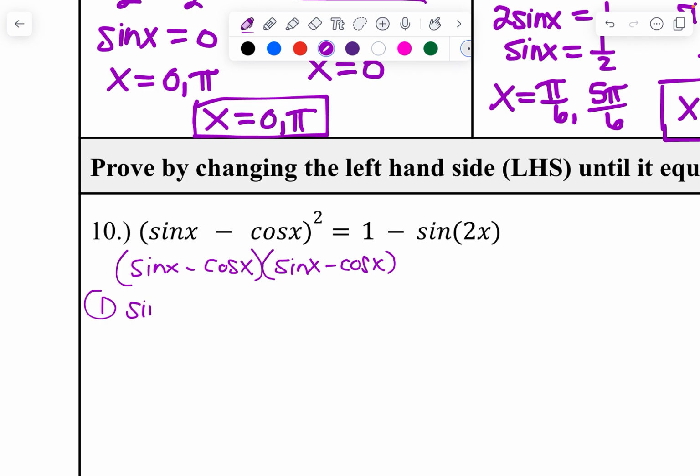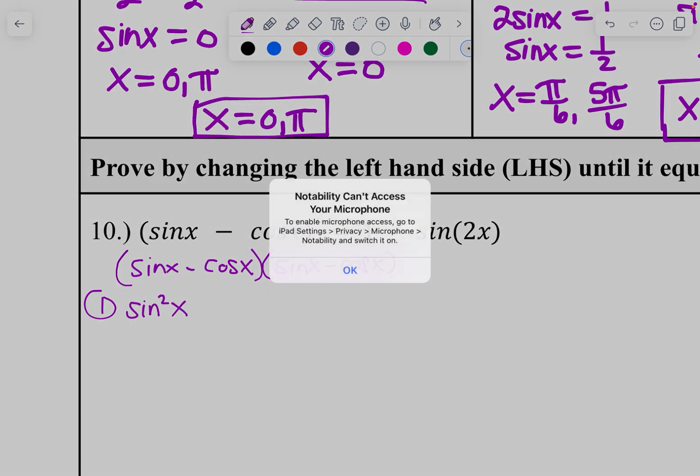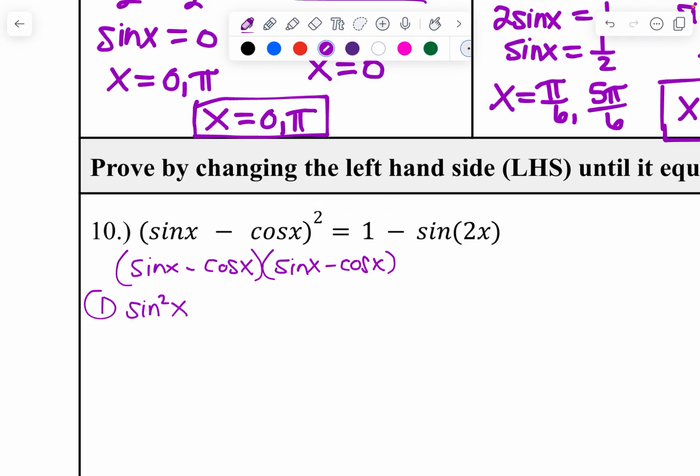So we will get sine squared of x, negative sine times cosine of x, another negative sine times cosine of x, so we'll have negative 2 sine of x cosine of x, and then we multiply these, we'll get positive cosine squared of x.